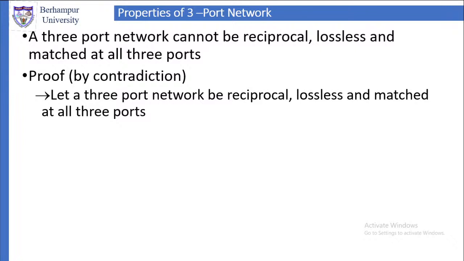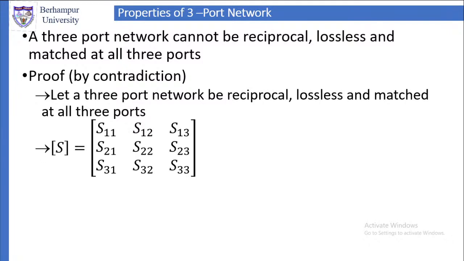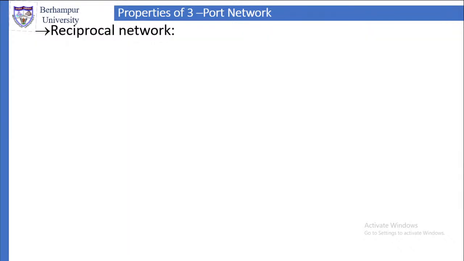Suppose there is a 3-port network which is reciprocal and lossless and matched at all the 3 ports. Suppose that is there. So S is equal to S11, S12, S13, S21, S22, S23, S31, S32, S33. When all ports are matched, then S11 will be 0, S22 will be 0, S33 will be 0.